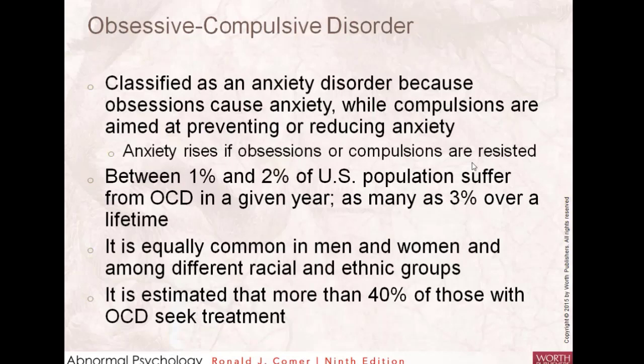Now, the obsessive part is anxiety-based, so it's often been considered an anxiety disorder. The compulsion is an individual trying to regulate the anxiety, trying to reduce the anxiety. So if you have a person who has OCD and the obsession comes up and you prevent them from doing the compulsion, the anxiety is going to go through the roof.